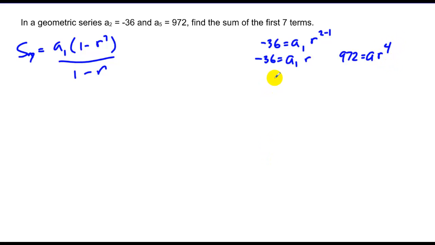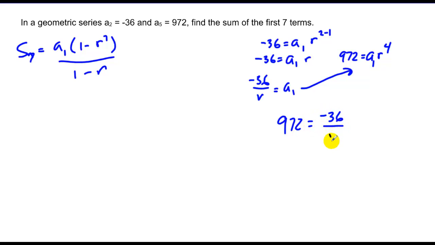This is going to be a pretty easy substitution. I think what I'll do is solve for A1 in this case. So -36 over R is equal to the first term. And then make a substitution right over here and say 972 is equal to -36 over R times R to the 4th.